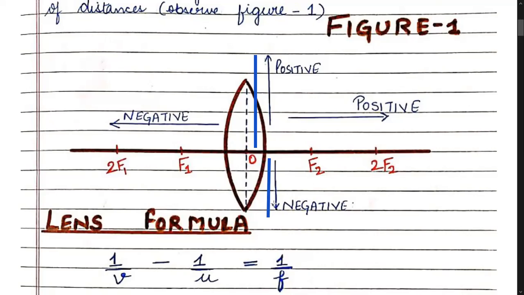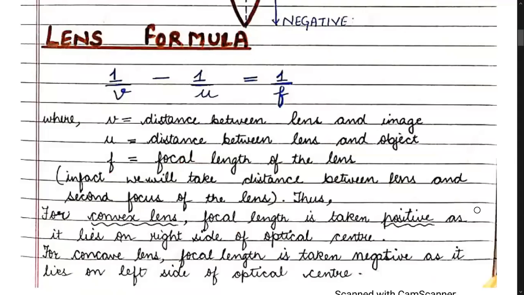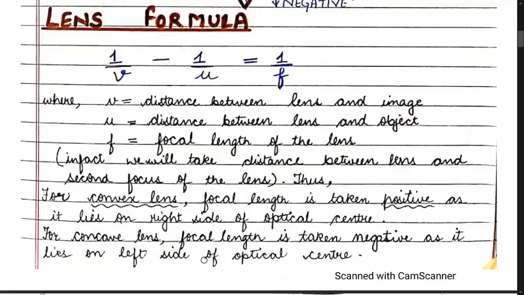Students, the sign convention was done in class 8th also for the mirror formula, so the sign convention is still the same. But coming to the lens formula, the formula for calculation for lenses is 1 by V minus 1 by U is equal to 1 by F. Now the question comes, what are V, U and F?